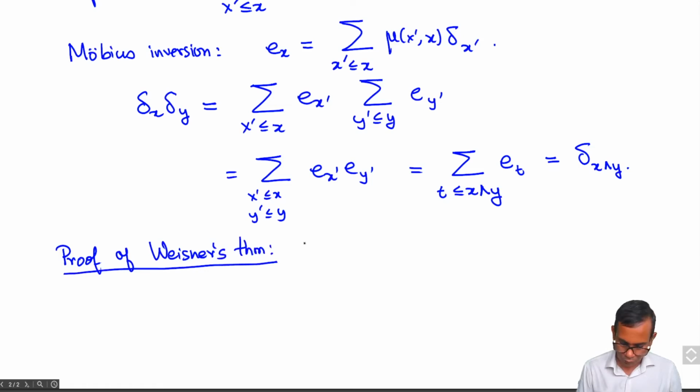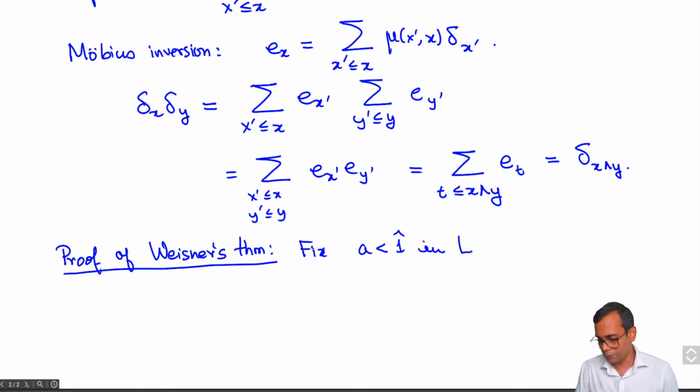So now just fix an element a not equal to 1 in L. So let's assume that L is a finite lattice with greatest element 1 hat, least element 0 hat, as in the hypothesis of Weisner's theorem, and an element a that is not equal to 1 hat.